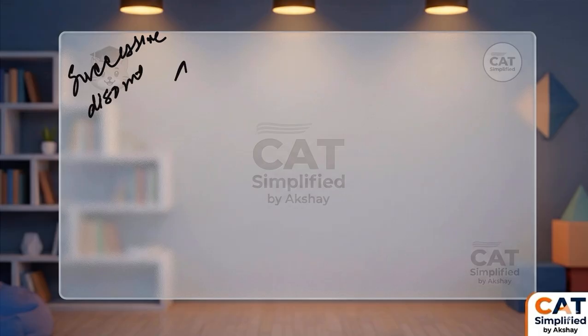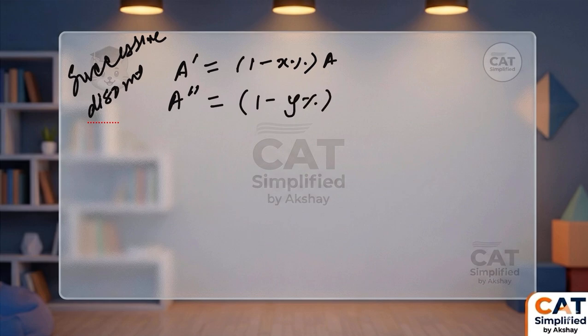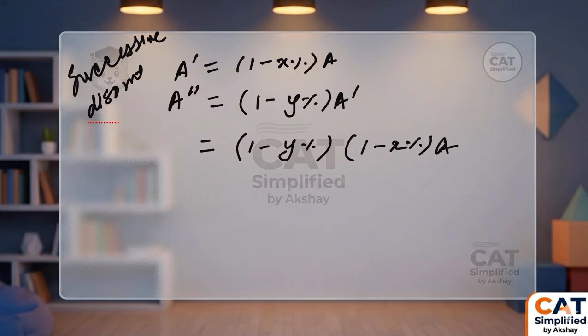Our value of A dash was equal to 1 minus X% of A. And then the value of A double dash was equal to 1 minus Y% of A dash. If I replace the value of A dash, it gives me 1 minus Y% into 1 minus X% of A.